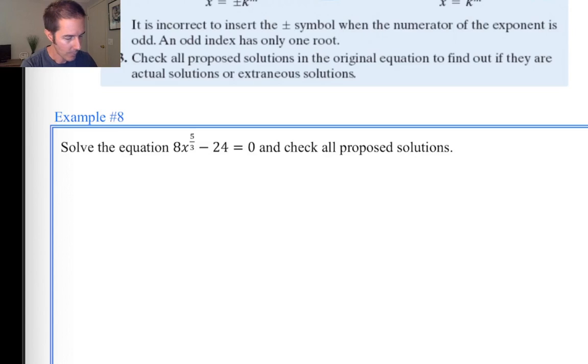So let's add 24 to both sides. And then we'll divide both sides by 8. And then we're going to raise both sides of our equation to the 3/5 power.